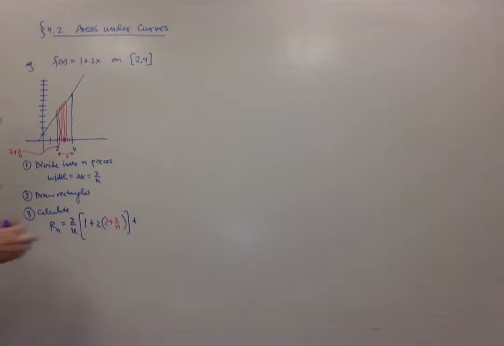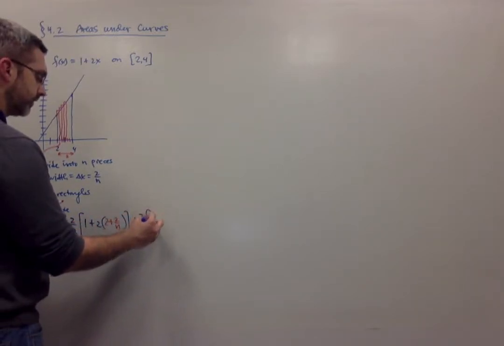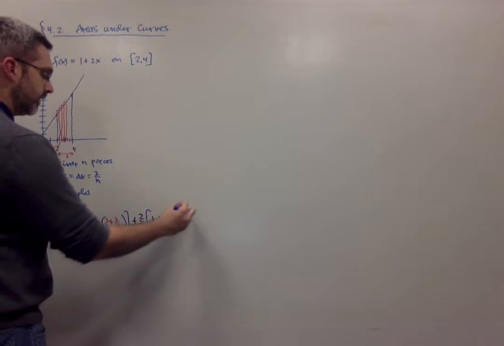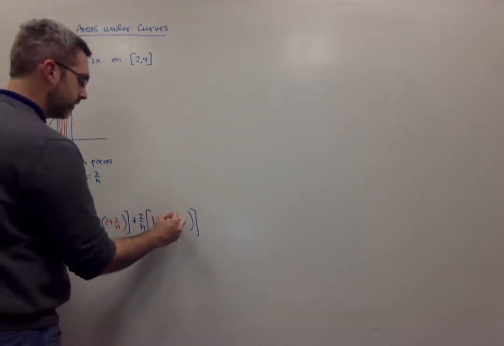The next rectangle is width 2 over n. And the height is going to be what we get when we plug in another point into the function. We're starting at 2, and instead of going over 2 over n, we're going over 2 copies of that. We're going over 4 over n. Okay. 2 plus 4 over n.